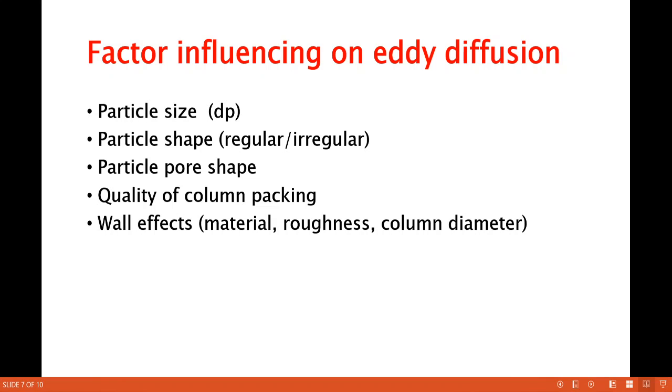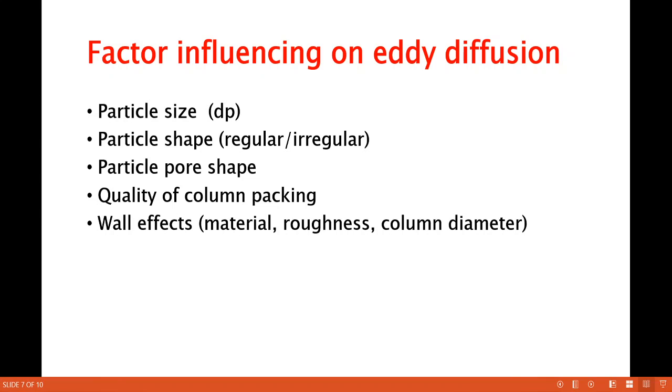One component has a bigger size and the other has a smaller size. Then what happens? The smaller component moves easily in the stationary phase, while the larger component requires some time to go through the stationary phase. That's why the particle size also affects the eddy diffusion.